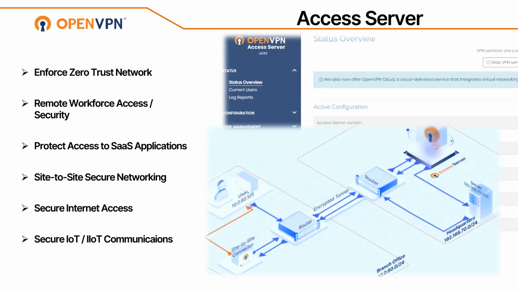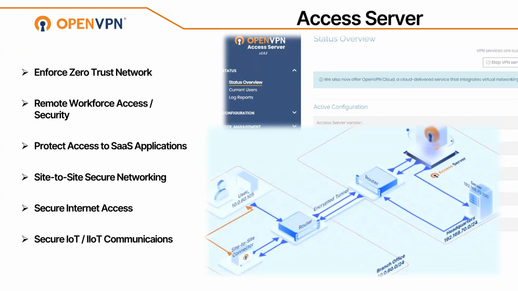A site-to-site network secures your extended enterprise by interconnecting your corporate network and remote offices, and you can be confident that your employees have secure internet access from wherever they happen to be working and accessing your resources. Now, the Internet of Things is everywhere and increasing your network attack surface, and you can create access for IoT devices through Access Server also.